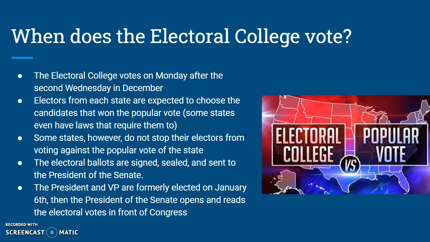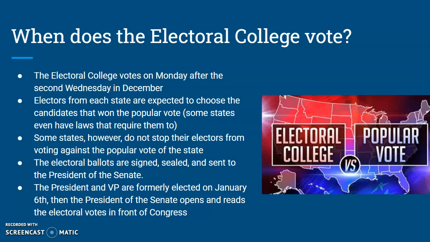Okay. When does the Electoral College vote? We, the population of the United States, cast our vote in November. The Electoral College actually votes on the Monday after the second Wednesday in December. They vote a month after the popular vote comes in. Electors from each state are expected to choose the candidates that won the popular vote.